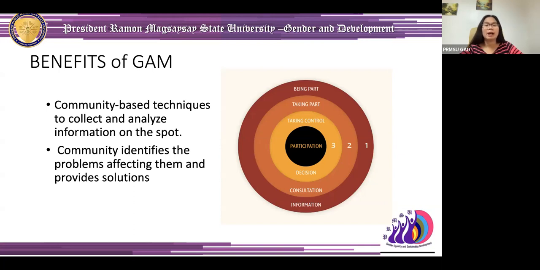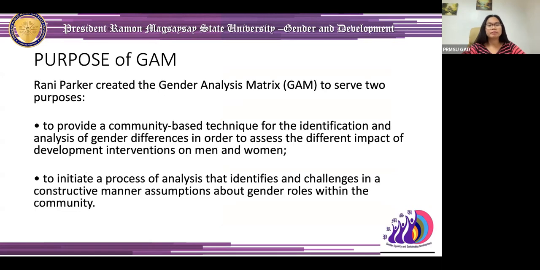So in using GAM, the community itself will identify the problem affecting them and they will even provide the solution. Tayo sa PRMSU, ang role natin is to, after they identify the problem, to help them solve the problem. We also ask them how they think they can provide the solution. Tapos tulungan po natin sila along the way on how they can solve those problems.